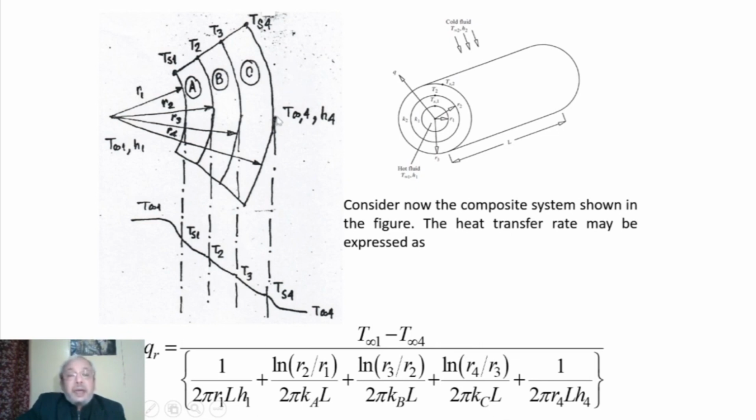And what is area 4? It is twice pi R4 into L into h4. So this is basically the total resistance.